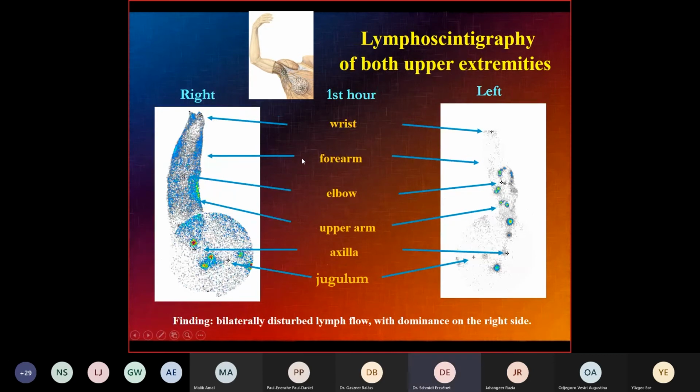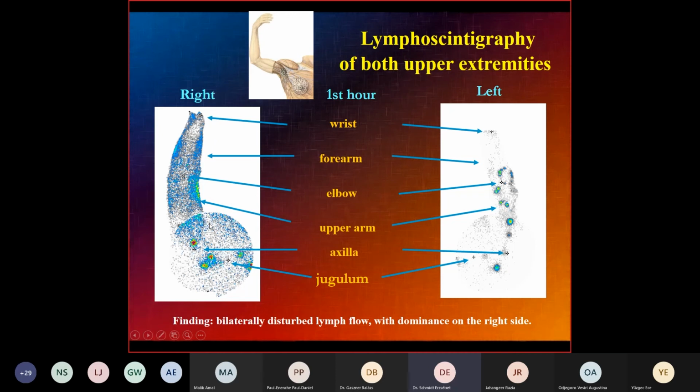After 1 hour, you can see a lot of lymph nodes in the left cubital region, and 3, 4 lymph nodes appear in the axillary and infraclavicular region too. On the right side, you can see a high diffuse activity in the region of the upper arm and forearm, and 3, 4 lymph nodes in the axilla and the infraclavicular region.